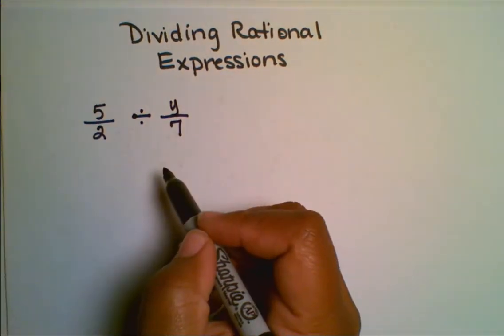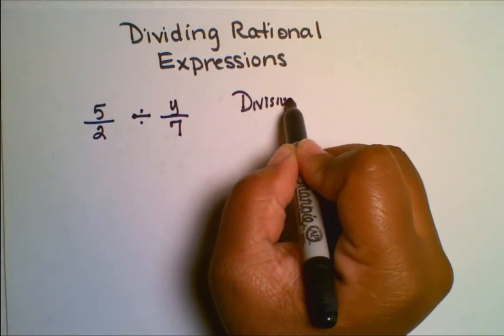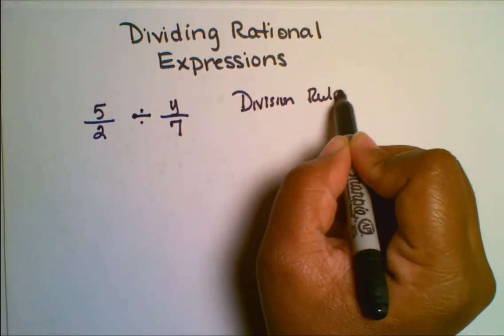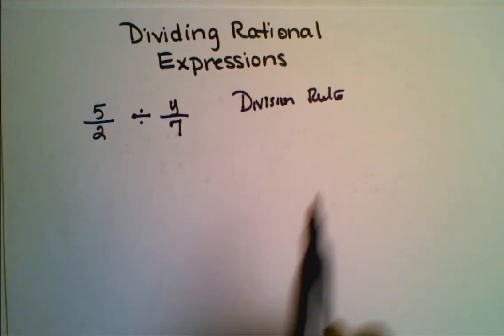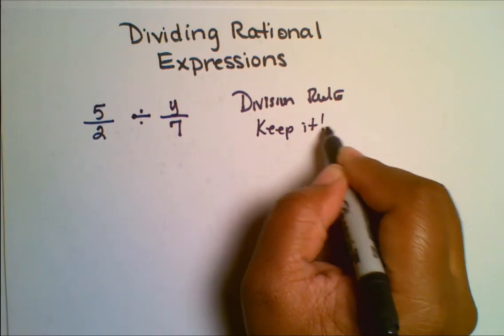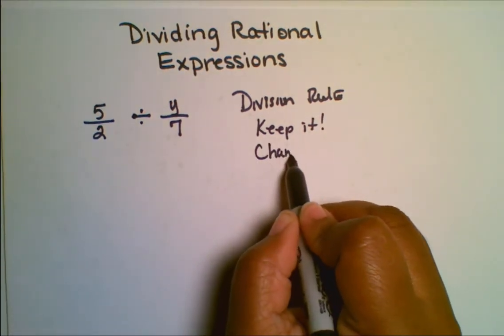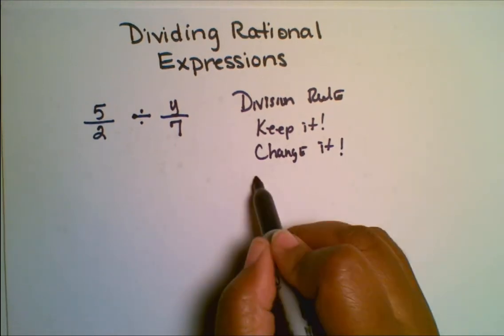Now remember the division rule. Yes, take the reciprocal of the second fraction and change the division symbol to a multiplication symbol, where we remember the keep it, change it, flip it.